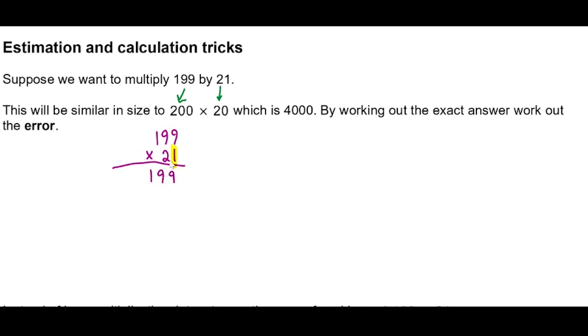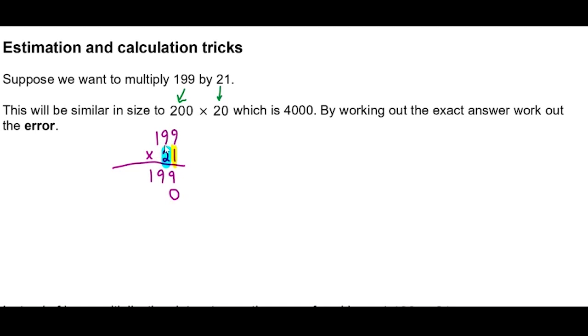That was pretty easy. Right, the next thing we're going to do is multiply it by 2, but in fact it's not by 2, it's actually by 20. And if we're going to multiply it by 20, we could just multiply it by 10 and by 2. So we put a 0 here, and that is the multiplying by 10.